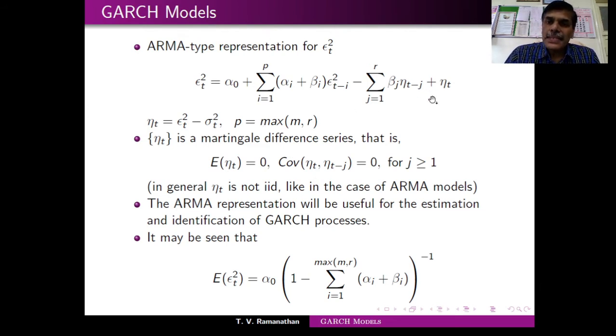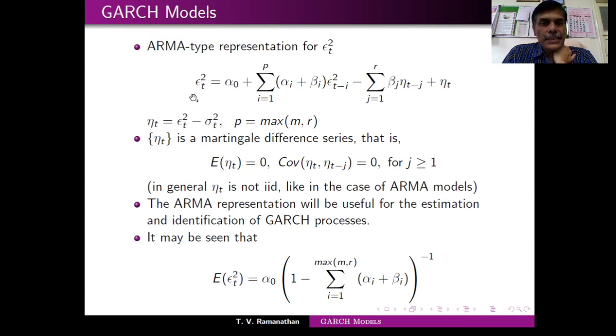The only difference is that in the case of ARMA, these are white noise, but now this is actually white noise with mean 0 and uncorrelated, but we call this martingale differences. So eta t is a martingale difference, which is mean 0 and uncorrelated for j greater than or equal to 1. It is not IID as in the case of ARMA, where we say this is normal, which means it will be IID, but that's not the case over here.